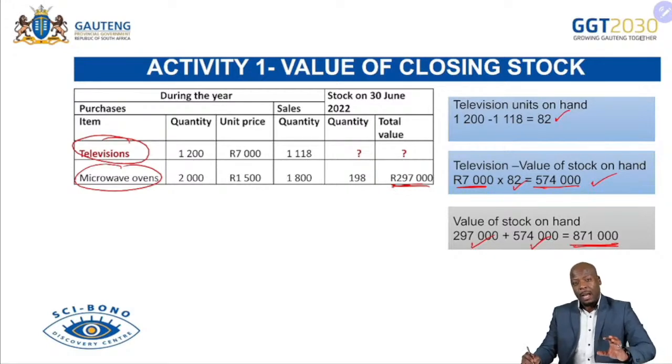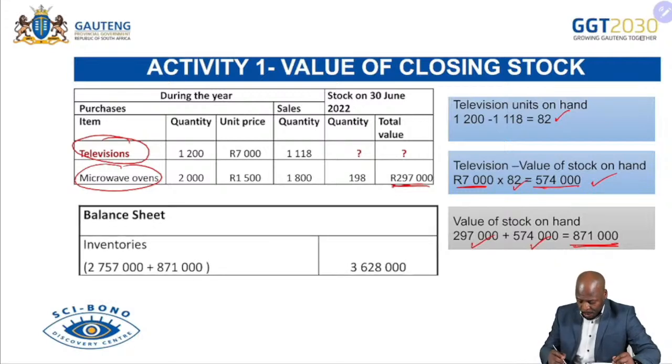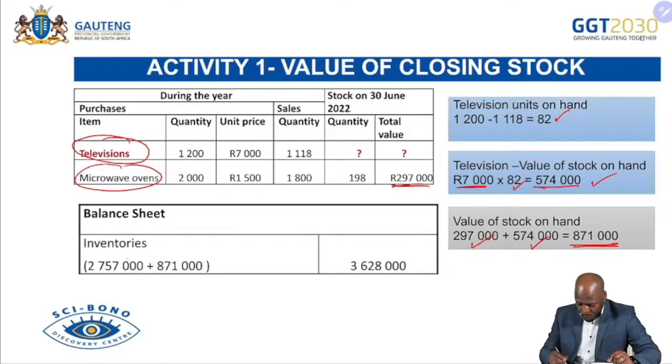871,000 is an amount of our inventory that was not taken into account when we did the physical stock count. Therefore, it means the amount that we have in the trial balance is missing this particular amount, if I can say so. What then do we do? If I am going to look at my statement of financial position, I must now take the amount in the trial balance, which is my 2,757,000.